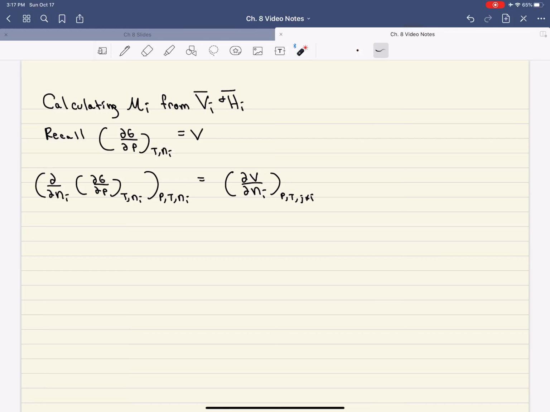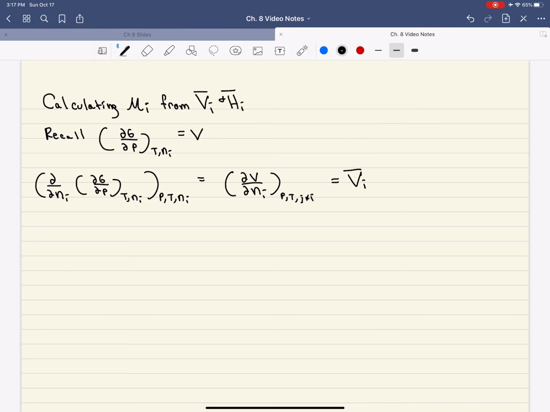But we know that the partial derivative of the volume with respect to species Ni, by definition, is just the partial molar volume of the species in the mixture. On the left-hand side here, though, we can use the commutative property of mixed double partial derivatives.